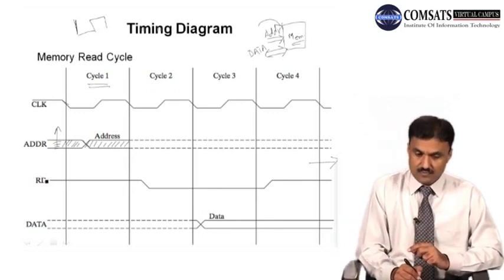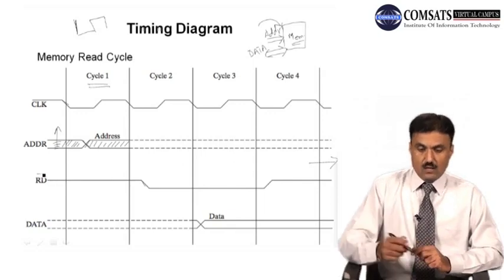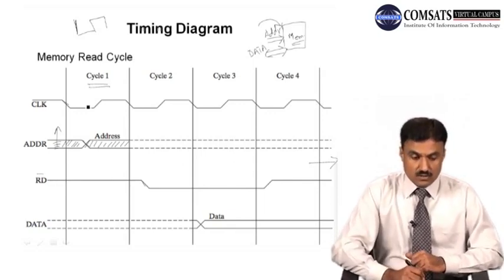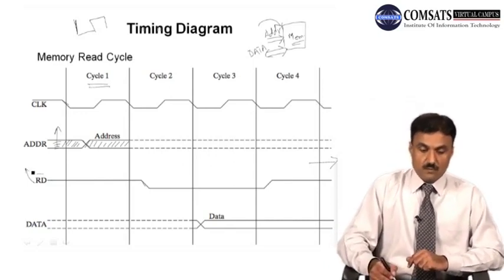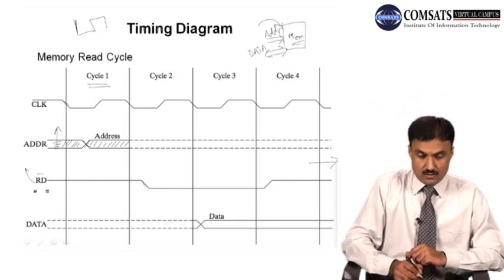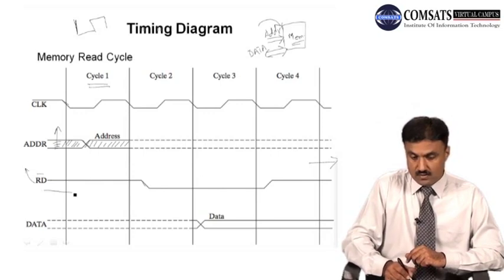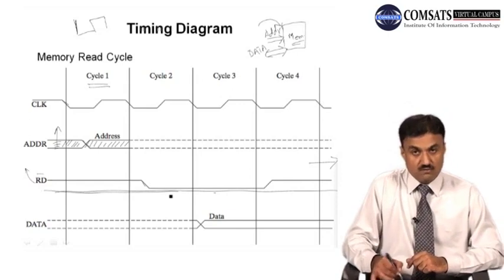And read is high. Here read is high, and during this cycle read becomes low. This is the control signal which determines that to perform the read operation, and this read operation will be performed when the signal is low. So this is the baseline, for example. When the signal is low, the operation will be performed.